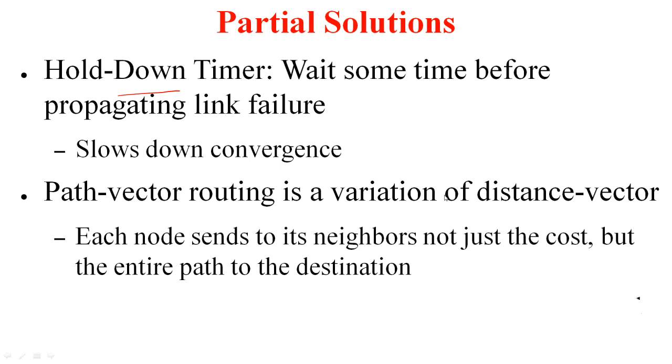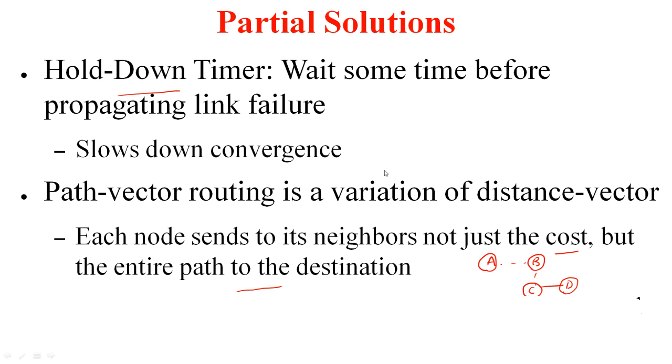There is another method to avoid this looping problem, that is path vector routing, a variation of distance vector. In path vector, whenever you send your routing table information to your neighbors, you don't just send the cost, but you also send the entire path to the particular destination. Now, how does this help?